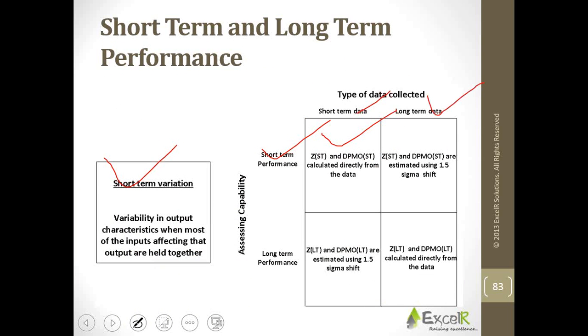If you have long-term data and want short-term performance, then you calculate the same sigma level short-term and DPMO short-term using the 1.5 sigma shift. And for long-term performance, sigma level long-term and DPMO long-term are estimated using the 1.5 sigma shift. And if you have long-term data and want long-term performance, you can directly calculate this. Just remember this. You'll have to remember all these things.